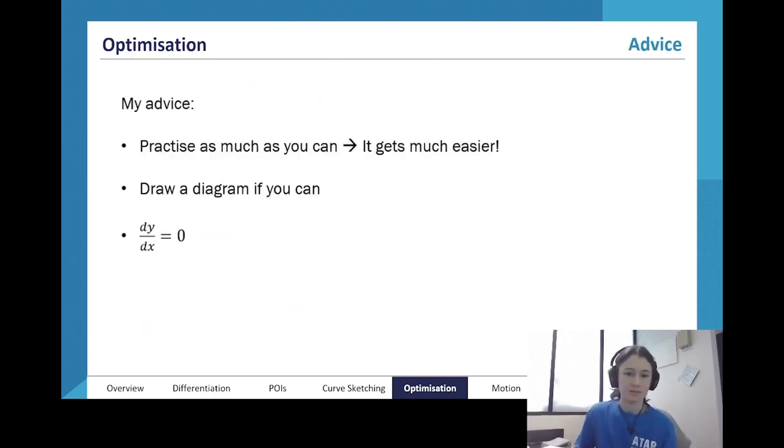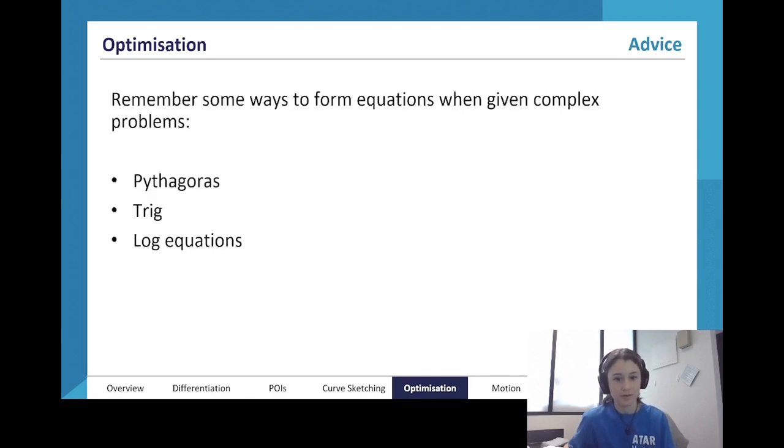My advice, again, for optimization is practice as much as you can. Practice a range of questions. Draw a diagram. Remember that you need to find when the first derivative is equal to 0. These are some typical ways to form equations if you're given a complex problem where you just add some values together. Pythagoras, if you have something involving triangles. Trig ratios. Log equations as well.